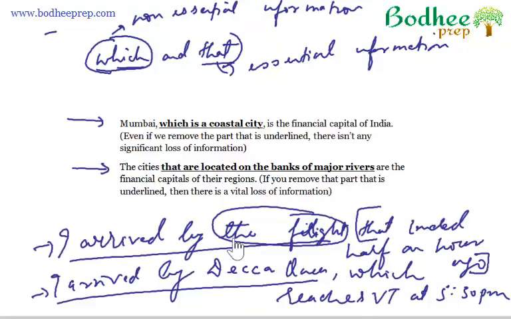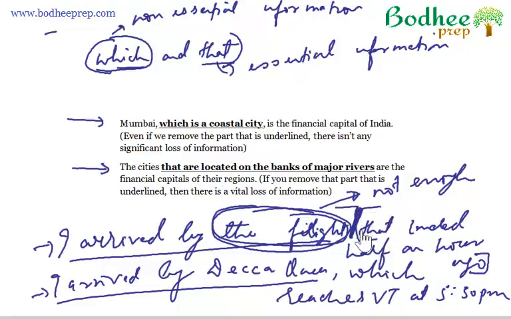Now, please understand the information given by the words the flight is basically not enough, because there are many flights. Suppose you eliminate the part which comes after flight, and we believe the sentence is only, I arrived by the flight.